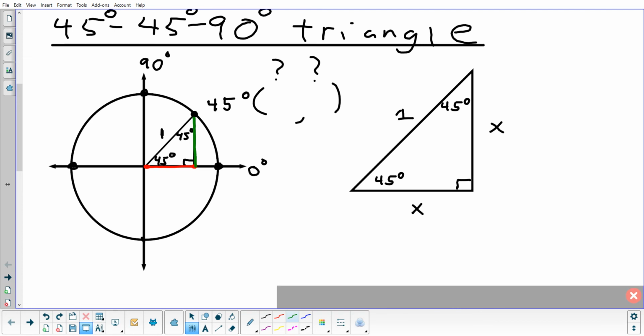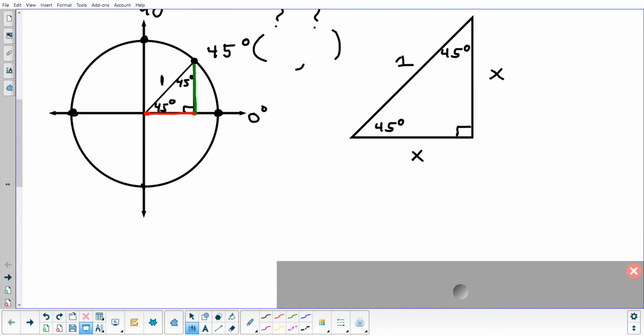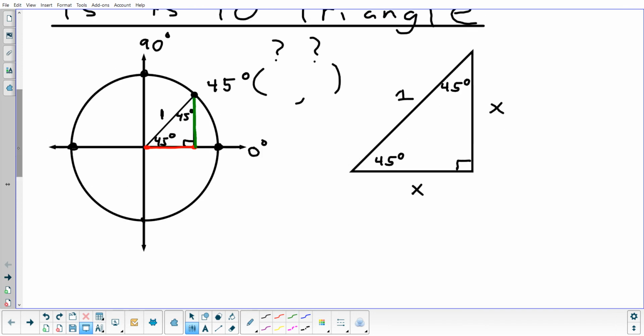How could we set up the Pythagorean theorem with the three things I have labeled in that triangle? x, x, and 1. We said a squared plus b squared equals c squared, but we just have to make sure we use these labels, because we don't have any a's and b's up there.